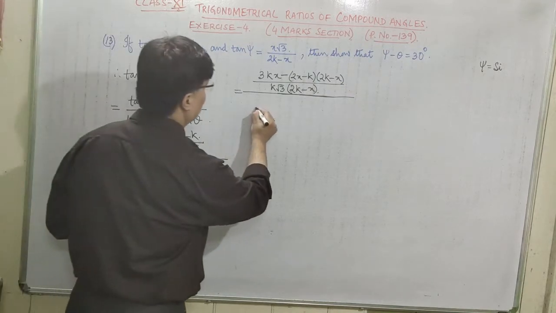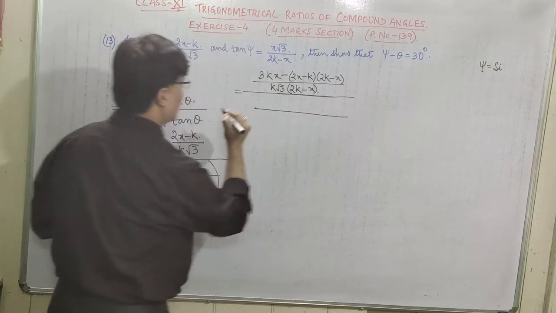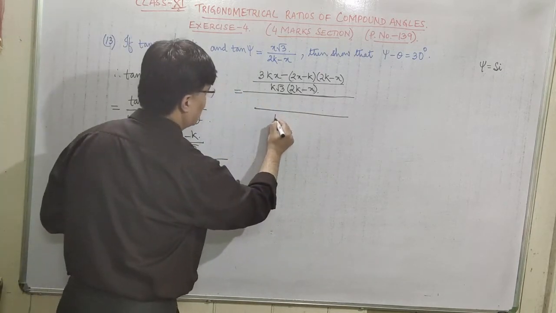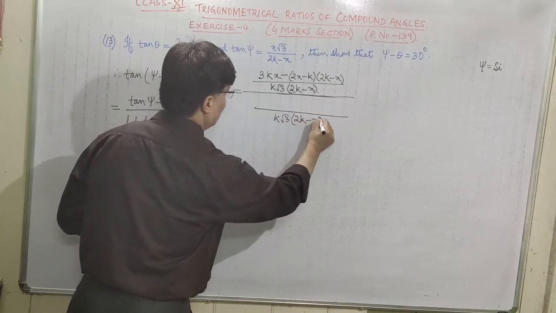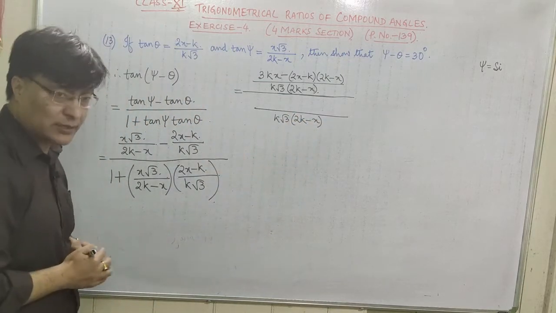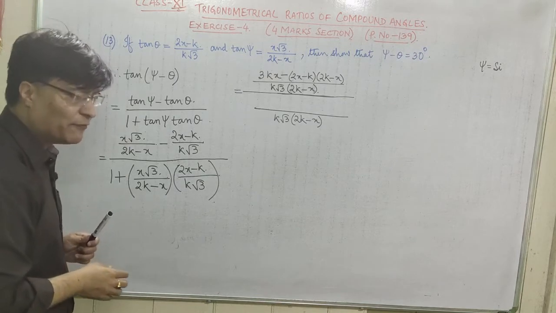Let us simplify the denominator again. So what's the LCM in the denominator? It is k root 3 into 2k minus x. Is that clear? So now how will you simplify it?